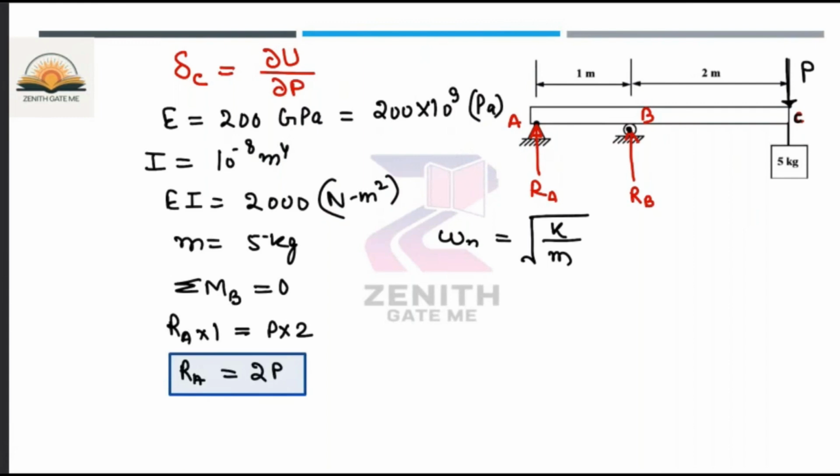Now what we will do, first of all, we will calculate the strain energy, because for getting the deflection, we need the partial differentiation of strain energy with respect to the load. So first of all, we will calculate the total strain energy of this beam.